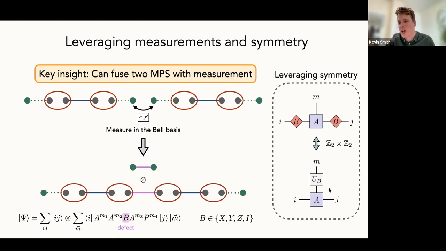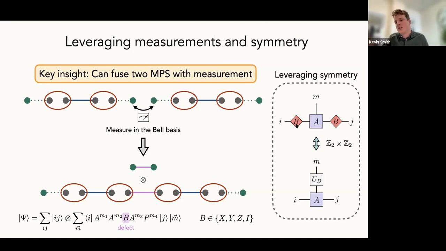And what this diagram is saying is that if we take these matrices and we conjugate by any Pauli operator B, then by Z2 cross Z2 symmetry, this is exactly equivalent to acting with some unitary on the spin 1 site. And so the idea here is we don't really have access to these virtual spin 1/2 degrees of freedom, so we can't remove this operator. However, by acting with some unitary on the spin 1 site, we can actually move around these defects on the virtual level. So that's the basic idea.